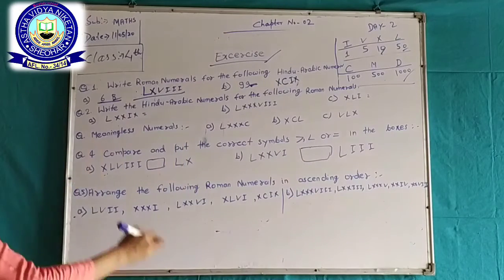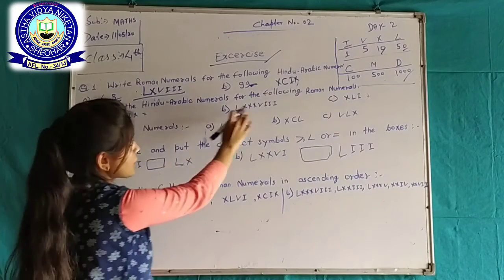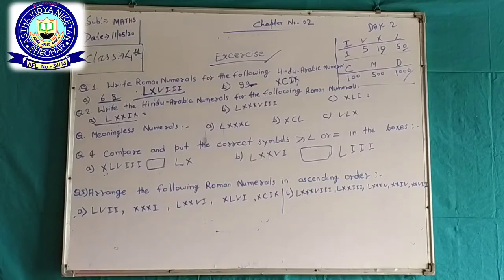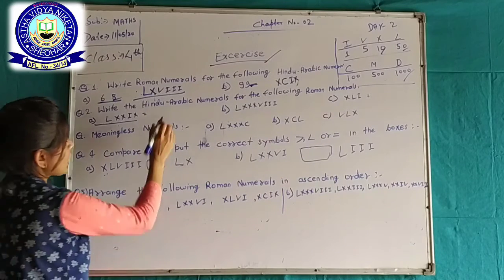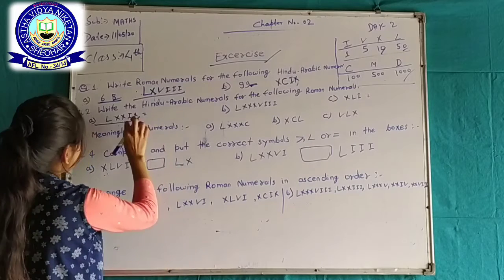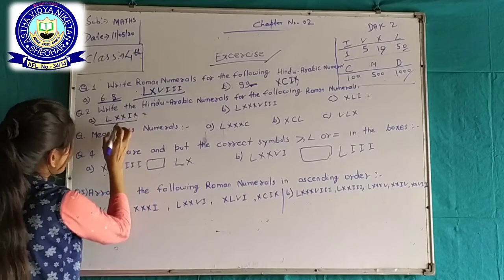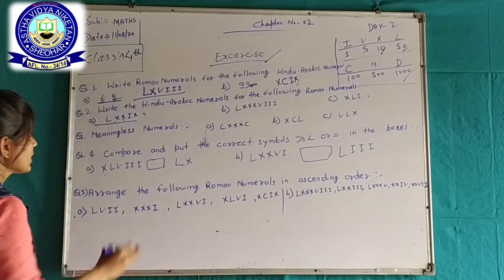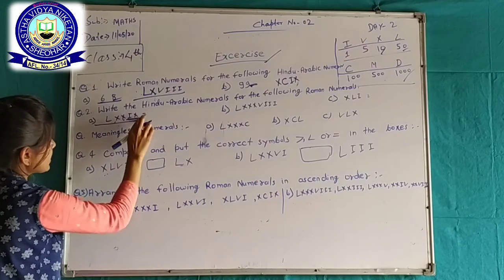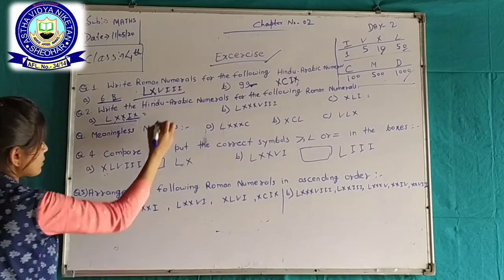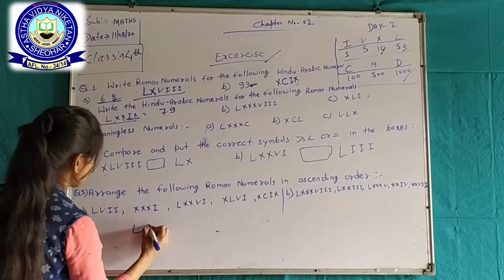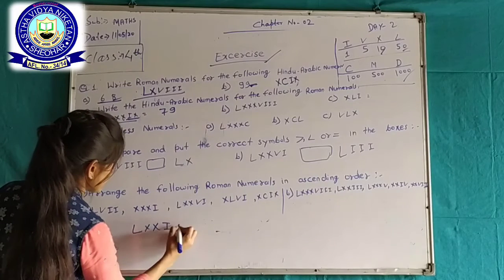And your next question is: write the Hindu Arabic numerals for the following Roman numerals. Here are some Roman numerals given. We have to write them in Hindu Arabic numerals. Let's see here, L, double X, and IX.